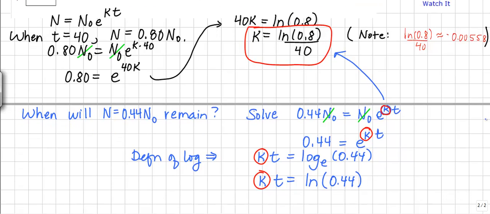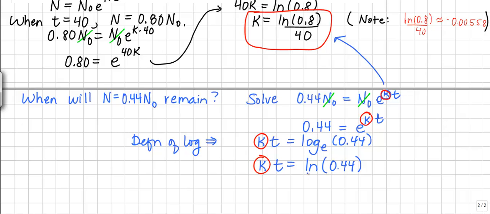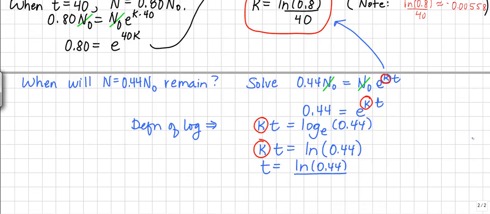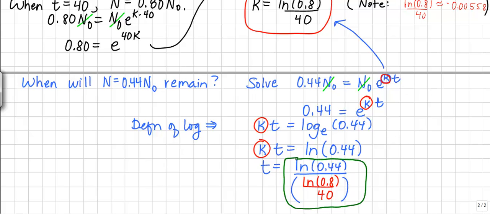Again, to emphasize, log base e and the symbol ln have the same meaning; the second one's an abbreviation. And then we solve for t, which is natural log of 0.44 divided by the value of k, which we found in an earlier step was natural log of 0.8 itself divided by 40. Okay, so this is the time in t days.